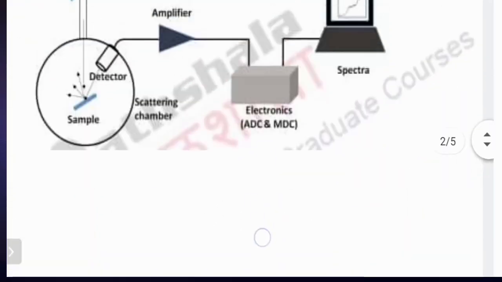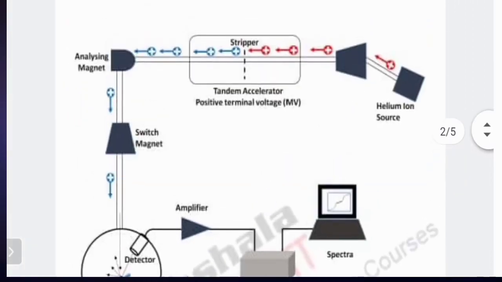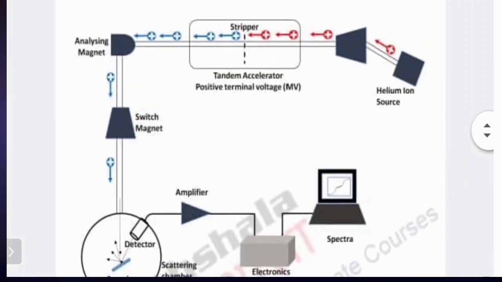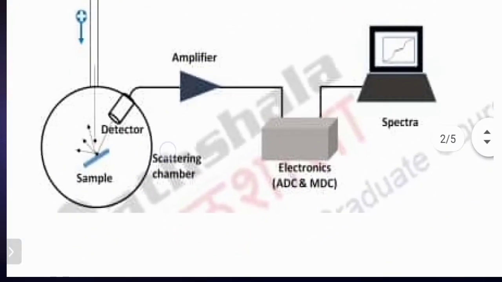Here you can see the instrument which is used for the Rutherford backscattering experiment. We will see the details of this instrument. There is a rotating sample chamber.